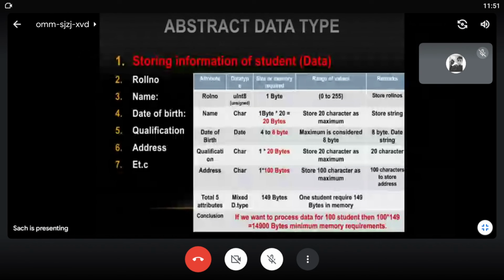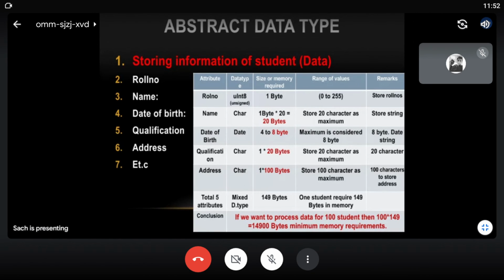Now, as far as the second column is concerned, we view the data type. So there we have uint8. So u means unsigned. That means there is no plus or minus. They are all positive. You can see the range has been modified for 1 byte. It was minus 128 to plus 127. Now removing the minus sign and adding both of them, we get 255. So unsigned means there is no negative sign, only positive numbers are concerned.